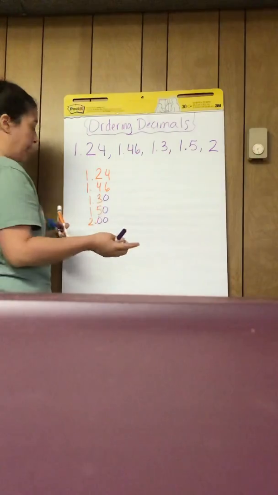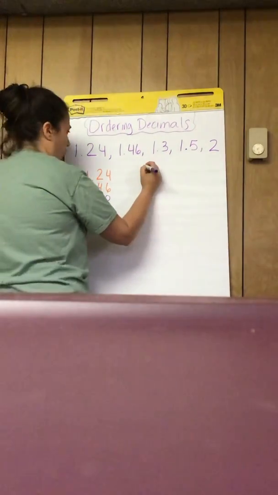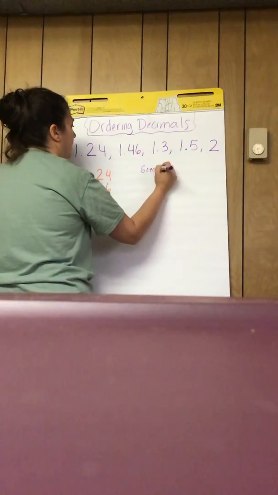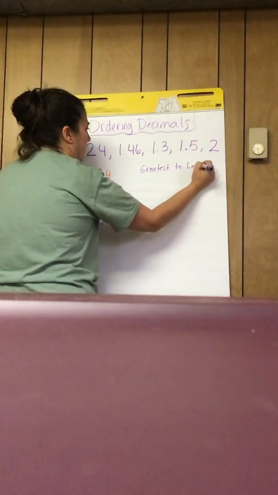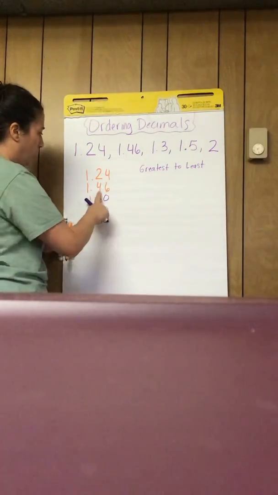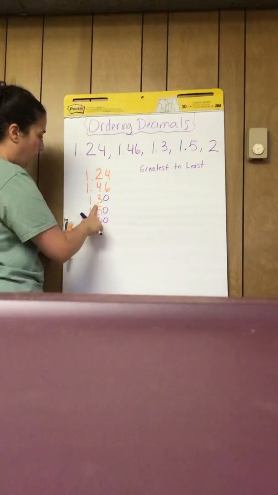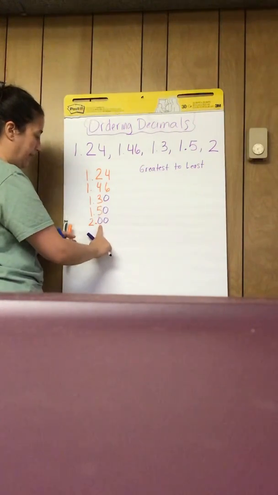And you're going to number them in order, and we're going to say this one is greatest to least. Okay, so if I look at this, I have 1.24, 1.46, 1.30, 1.50, 2.00.